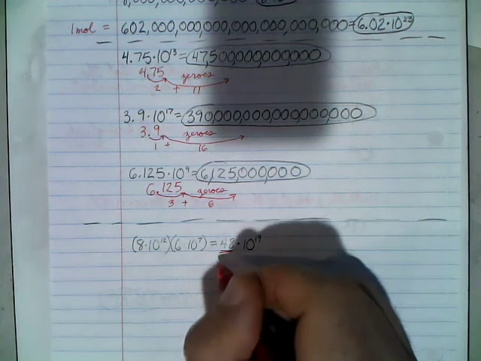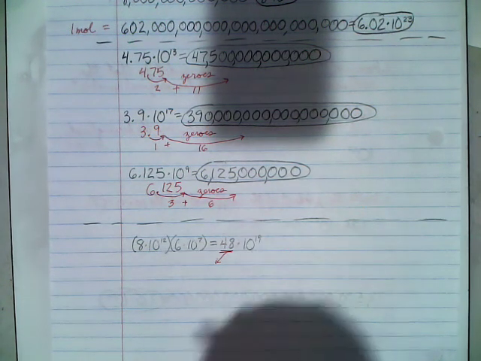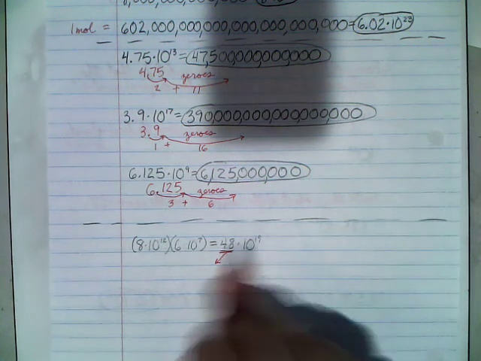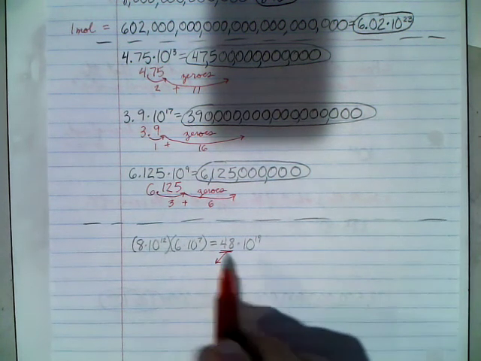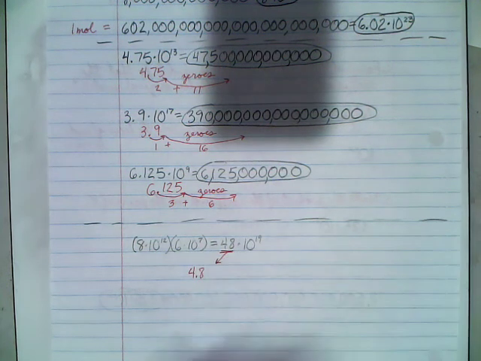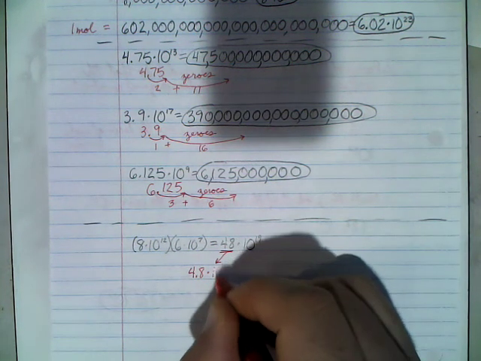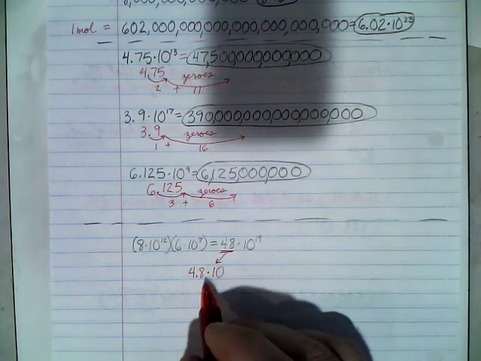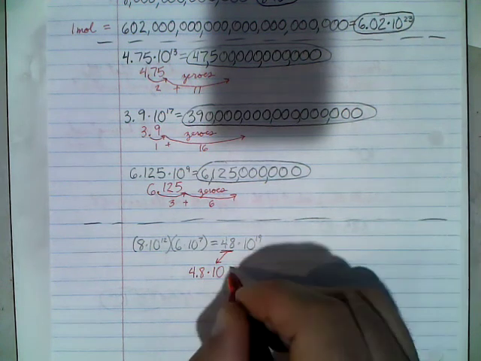My 48 here, if I were to reimagine this as scientific notation, well, my coefficient would be 4.8. And then my power of 10, well, how many decimal places would we need to move to go back to 48? Well, just one.